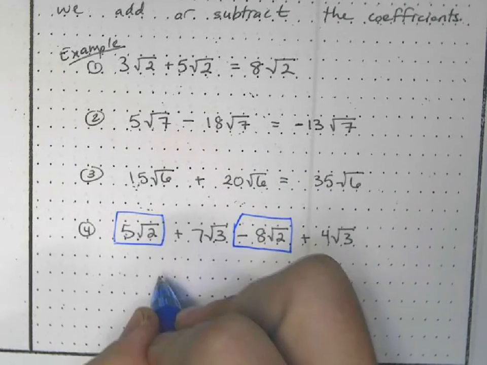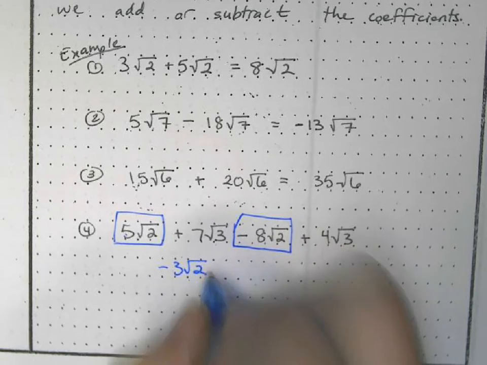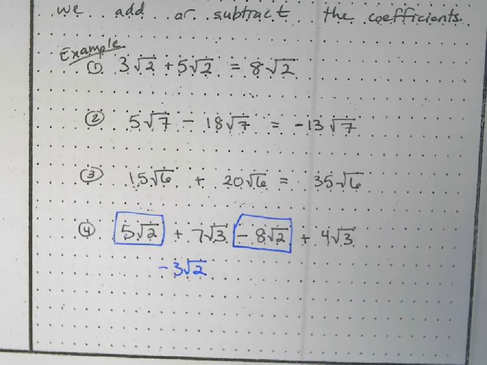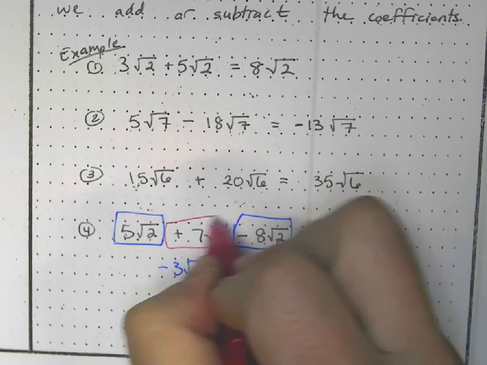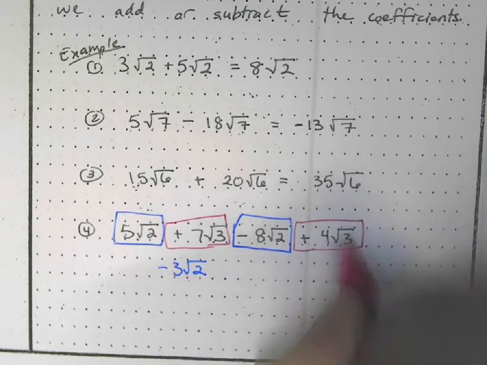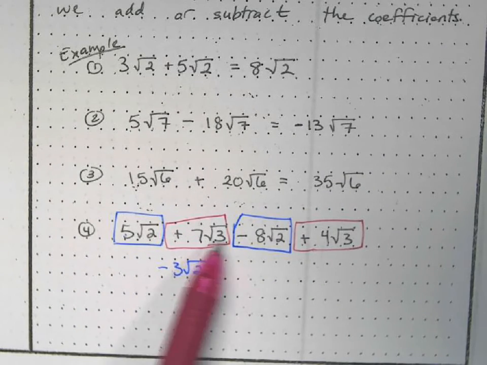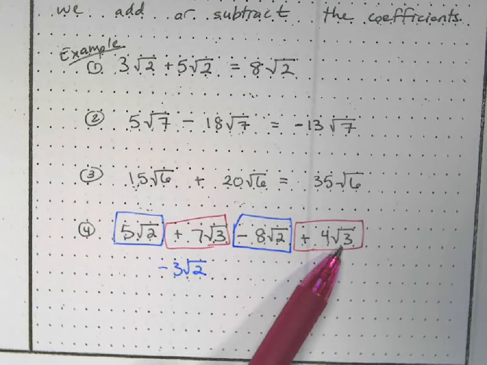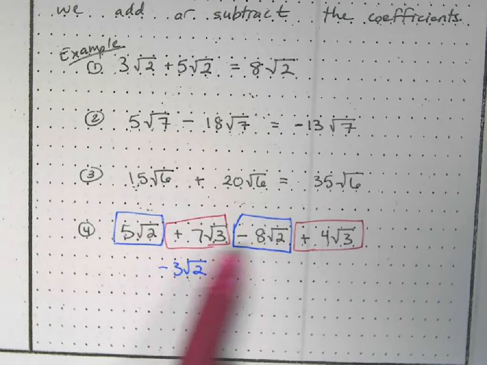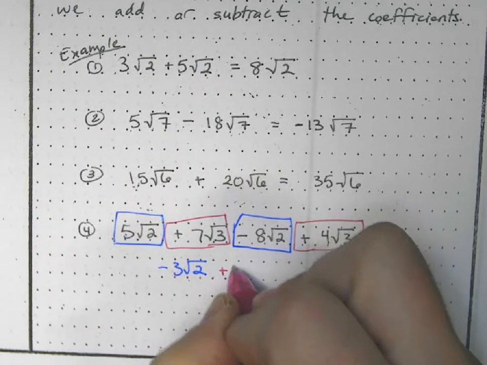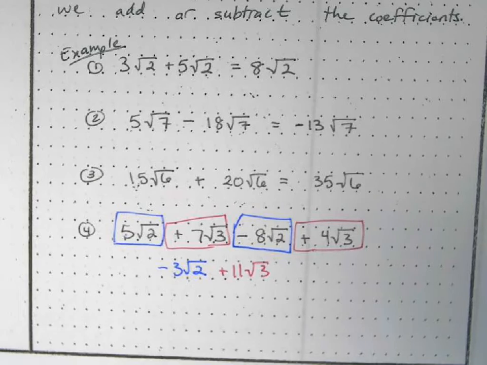So 5 minus 8 would be negative 3 root 2. And then I have these two that are alike, my positive 7 root 3 and my positive 4 root 3. They're alike because they have the same square root. So now I add the numbers out front. Positive 7 plus 4 is going to be a plus 11 root 3.